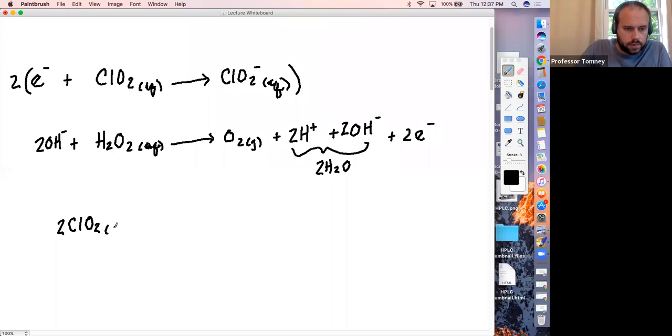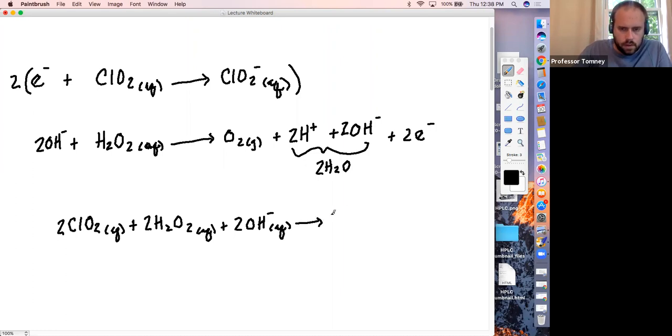ClO2 aqueous. Now remember, the electrons are going to cancel, plus 2 peroxides aqueous plus 2 hydroxides aqueous is going to yield the oxygen gas plus 2 water molecules.